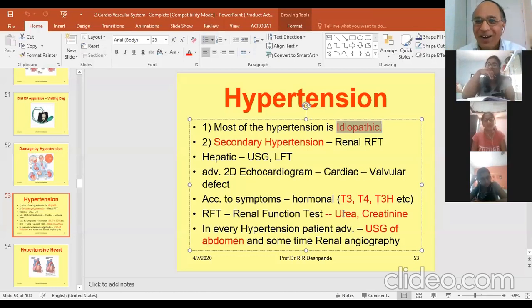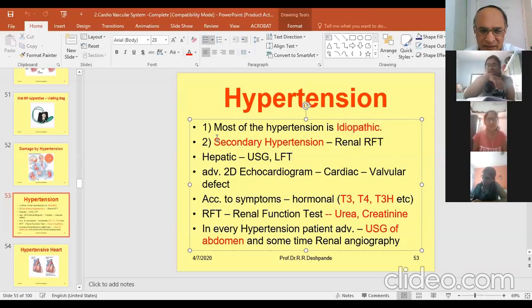Vata prakopak ahar vihar. Write down this word. In a hypertension patient, you will definitely find Vata prakopak ahar vihar, or sometimes Pitta prakopak ahar vihar. There must be irregular lifestyle, hectic lifestyle, mental stress, always there. Then this is called primary hypertension, when there is no cause, allopathy says.